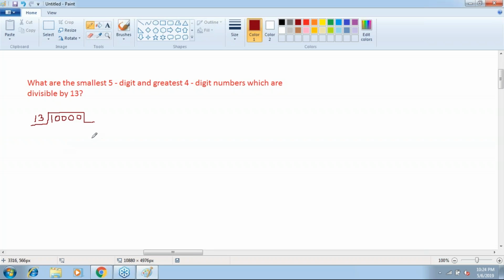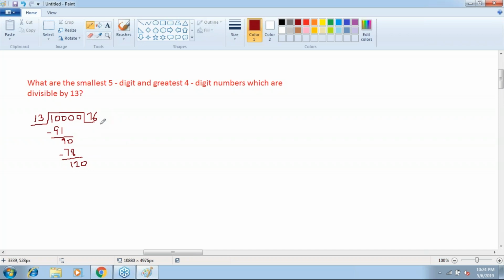The smallest 5-digit number that I know is 10,000. Let me just divide 10,000 by 13. I might get some idea. So 13 into 7 is 91. 9 remainder, 90. So 13 into 6 this time, which is 78, which gives me 12 remainder, and the last 0 comes on board, 120.